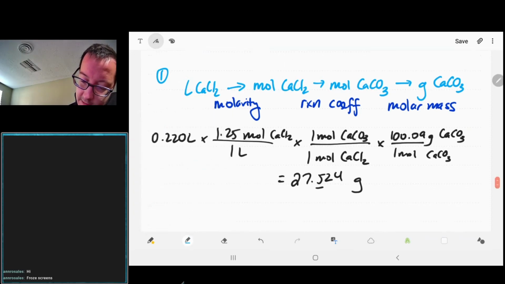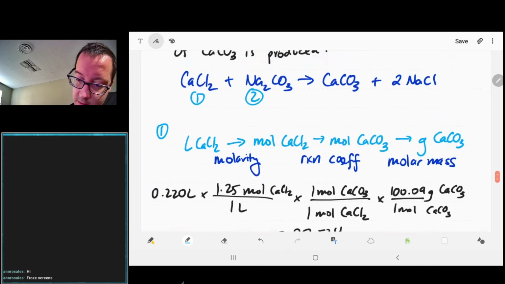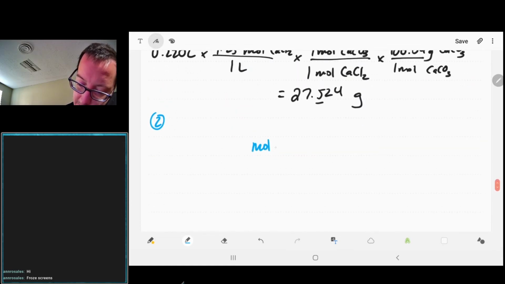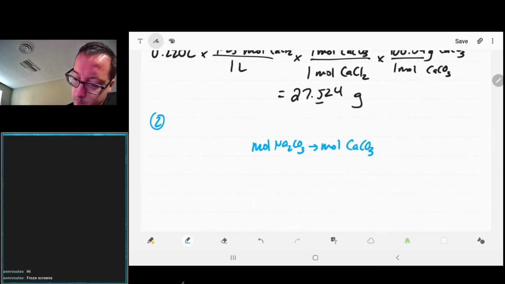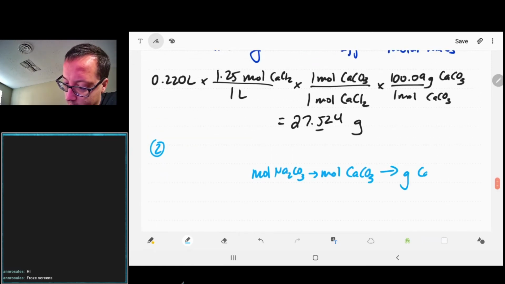If we take a look at the second one, in this case, we're going to have much the same. This time we're using sodium carbonate to get to calcium carbonate. And then finally grams of calcium carbonate.